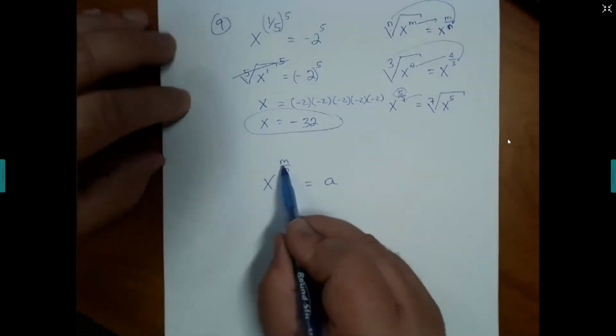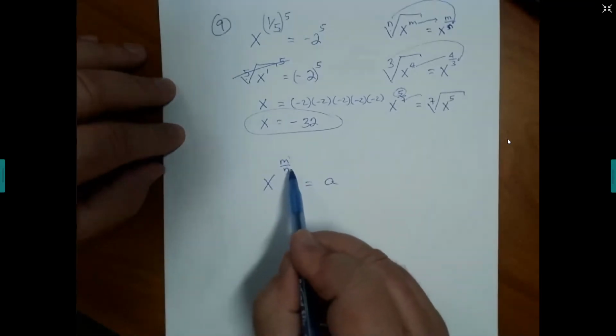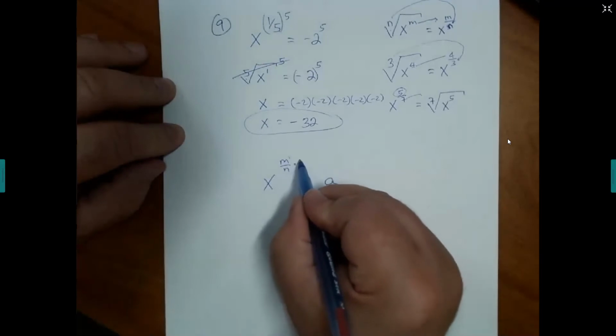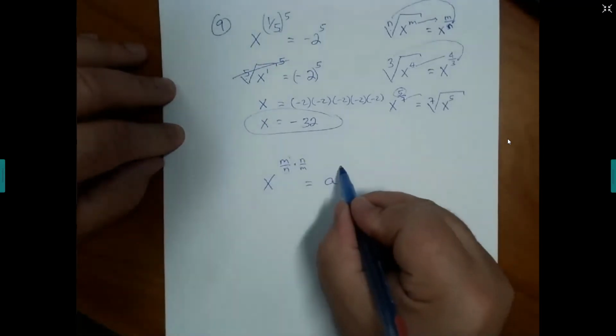Okay, so basically if I have this format here, if I have any fraction, to get rid of that, I simply multiply it by the reciprocal. And that's what I have to put to both sides.